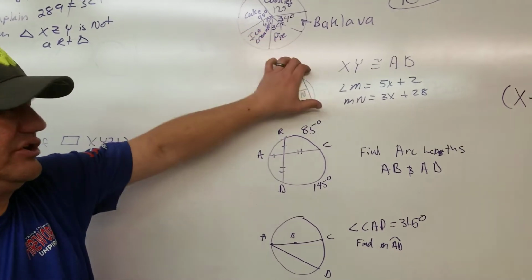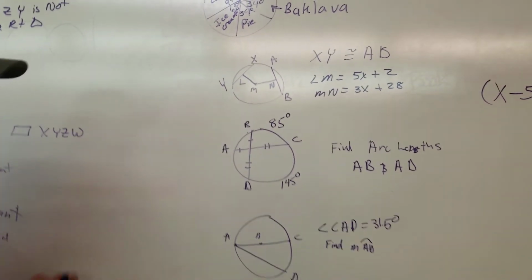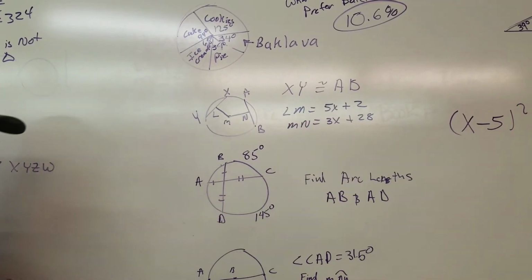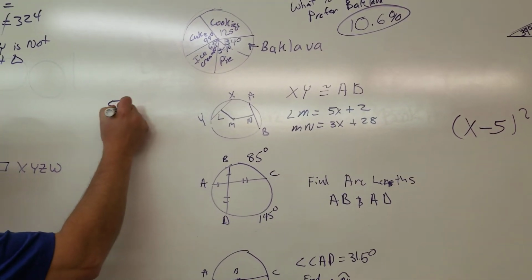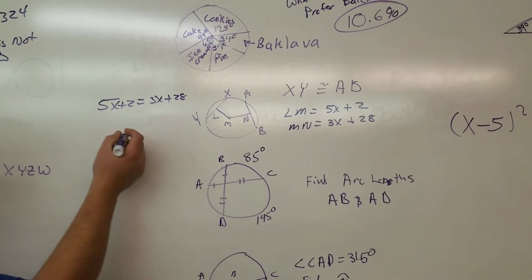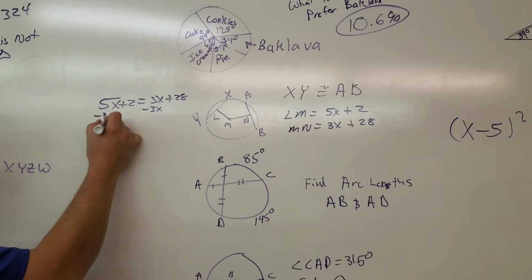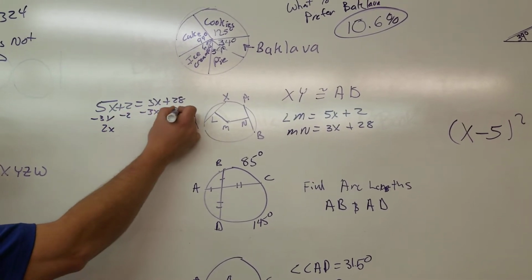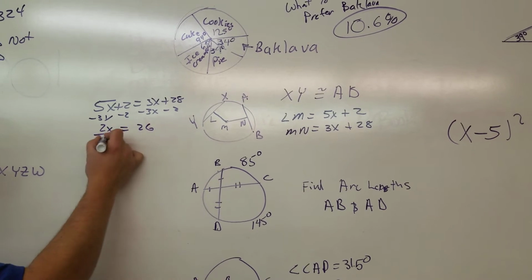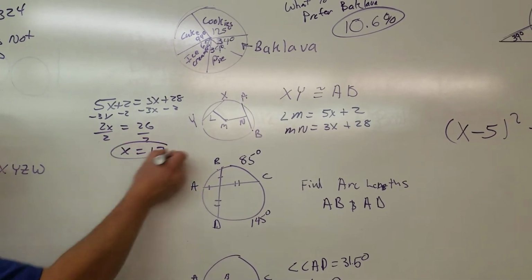Because the chords are congruent, their distance to center is congruent. So I'm just going to set up an equation where these two are equal to each other. 5x plus 2 equals 3x plus 28. I'm going to subtract 3x. That's 2x. I'm going to subtract 2. That's 26. I'm going to divide by 2. That's going to be 13. That's my value of x.